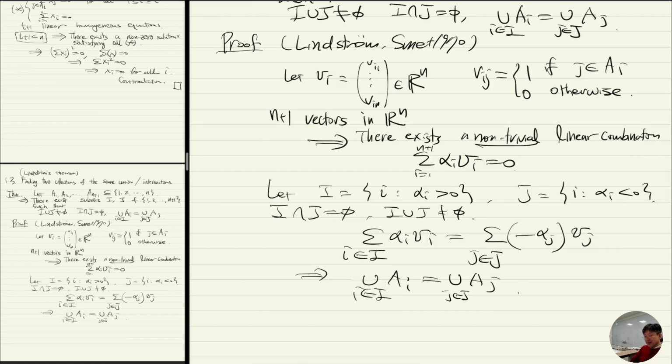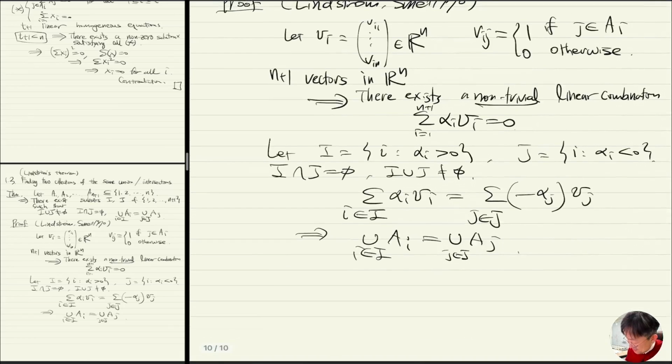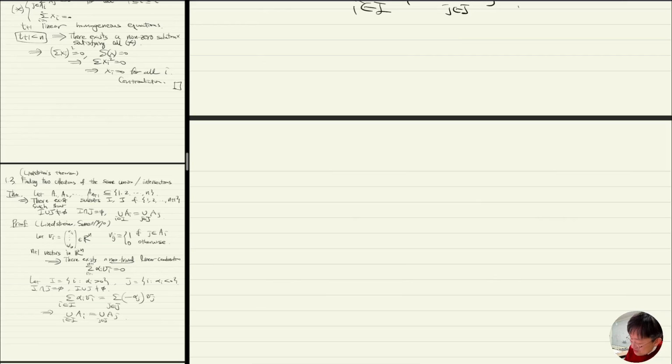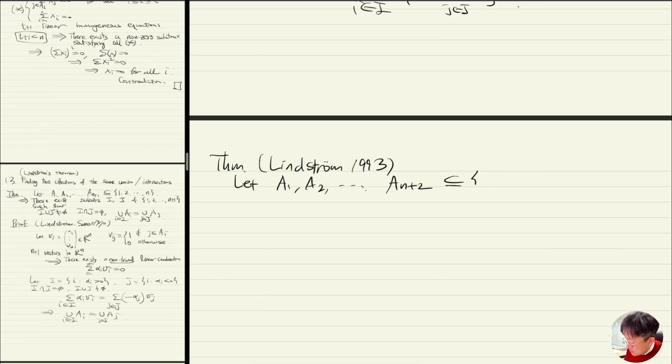Now I will show you a different variation, again due to Lindstrom. I don't know whether there's any proof without using linear algebra. So instead of n plus 1 sets, now we have n plus 2 sets. These are subsets of n.